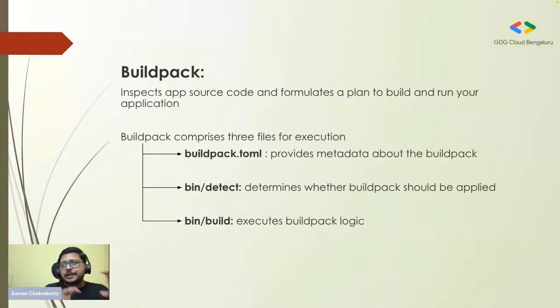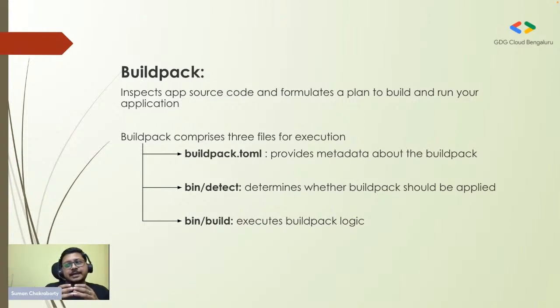Precisely, it comprises three different files. One is a buildpack.toml file, which provides the complete metadata about the buildpack. The metadata contains all the root dependencies, the configurations, and the application libraries which your buildpack comprises, which are extracted at runtime during the buildpack lifecycle execution.